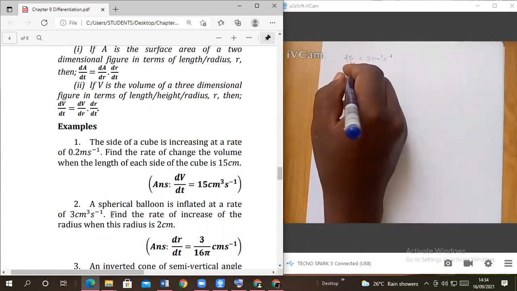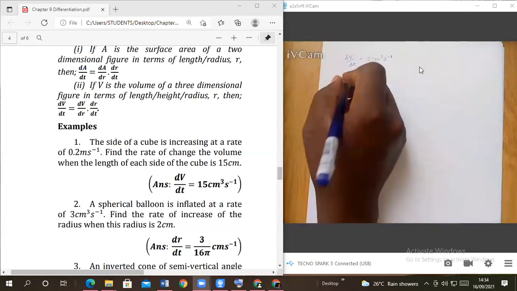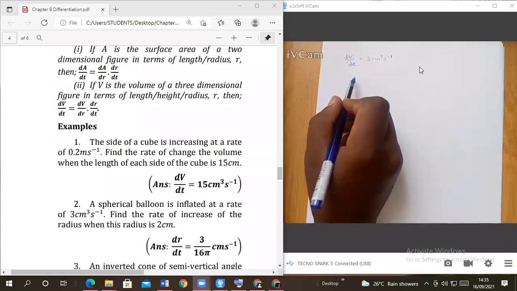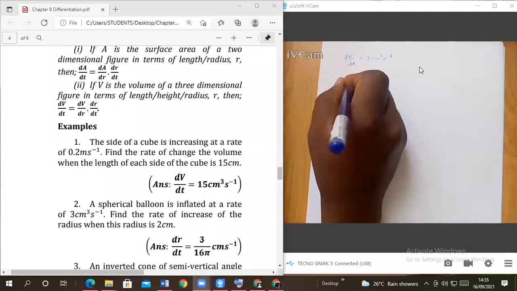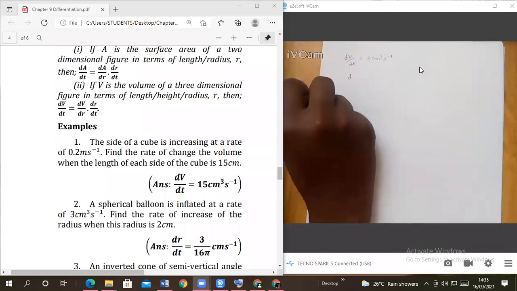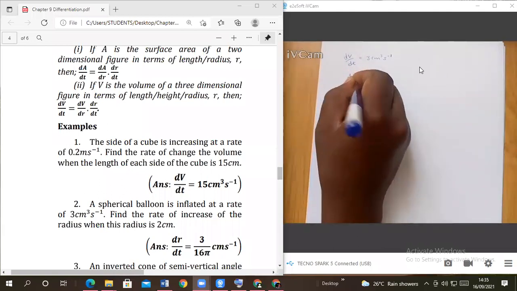They want us to find what? Find the rate of increase in the radius. That is mathematically written as the what? dr/dt. Very good.